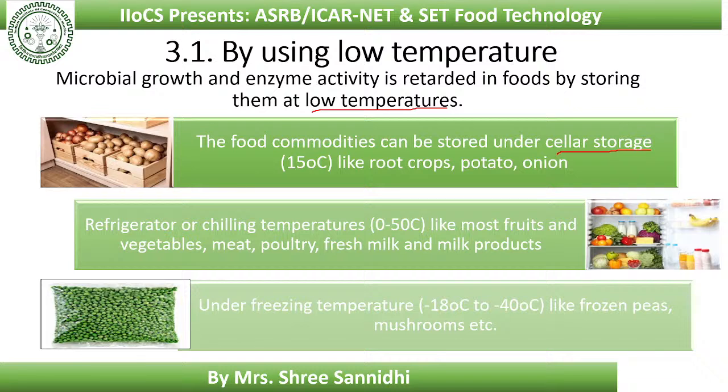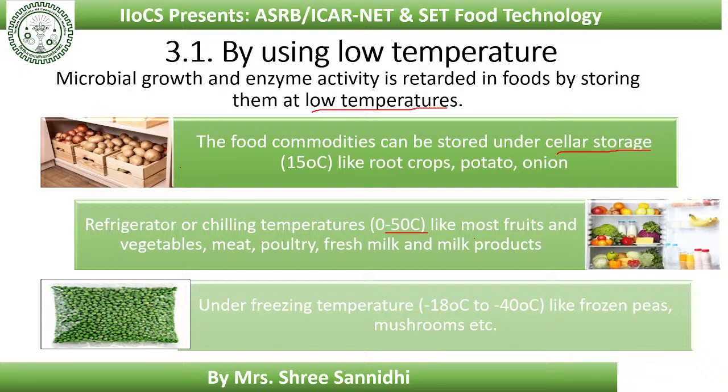You don't keep them in a refrigerator, you keep them outside in a cellar storage. Next one is refrigeration storage or storage in chilling temperature, that is between 0 to 5 degrees Celsius, which we usually use for storing fruits, vegetables, meat, poultry, fresh milk and milk products, etc.